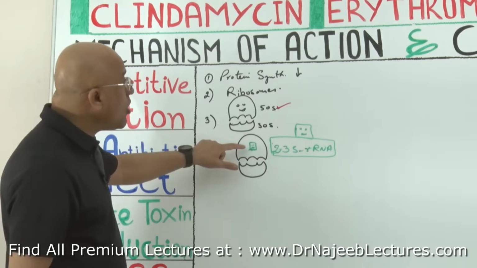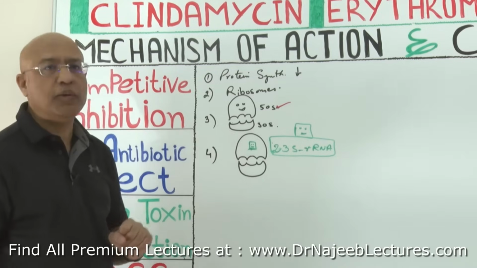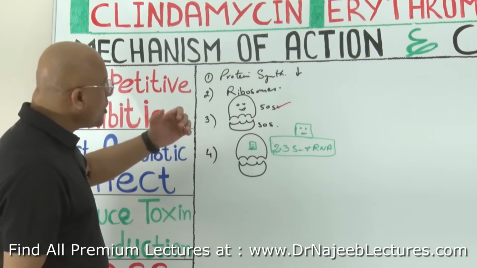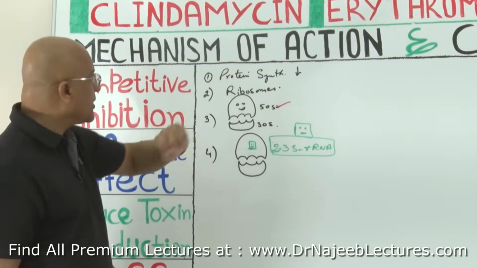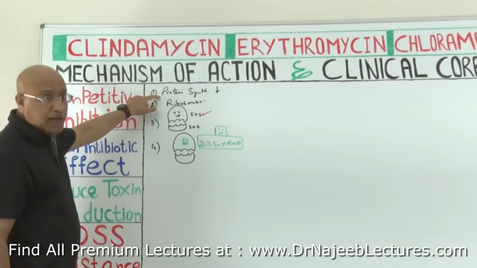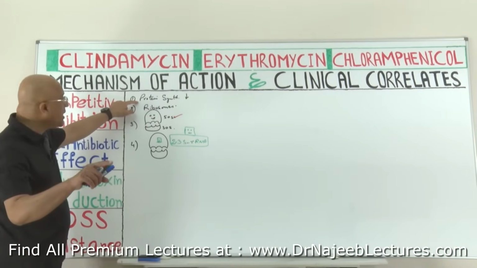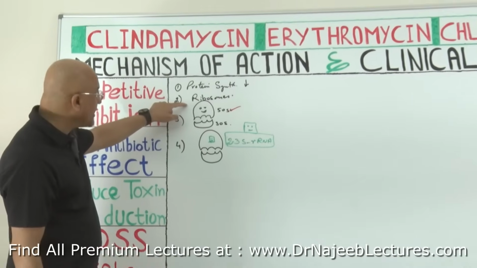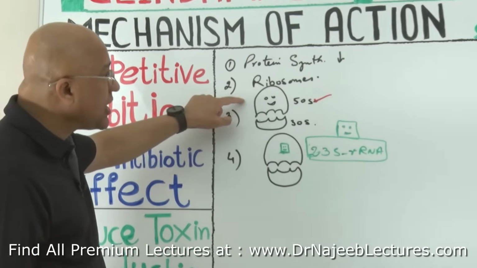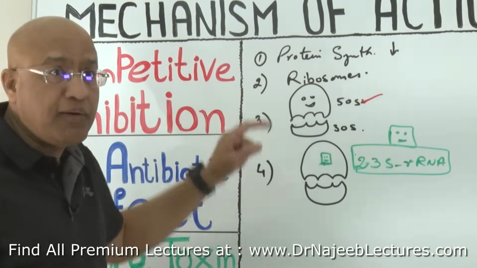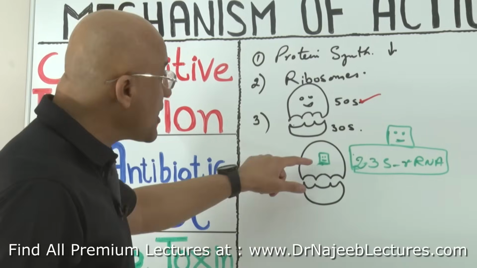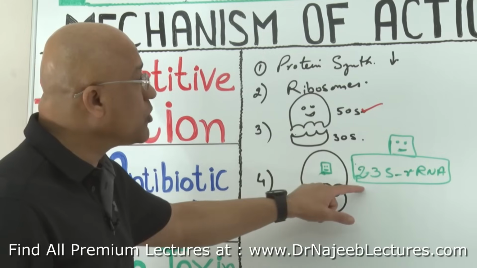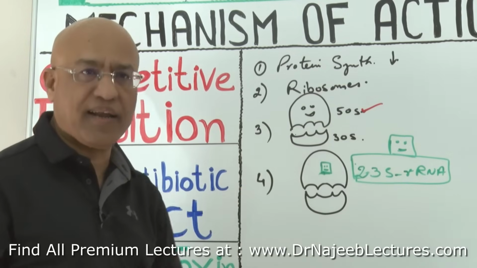Actually, all three of the drugs work on this. So a good doctor will say that all these three drugs work by reducing protein synthesis in the susceptible bacteria. They work on the ribosomes of those bacteria, especially on the 50S subunit, and within the 50S unit, they work on a special catalytic unit, which is basically 23S ribosomal RNA.